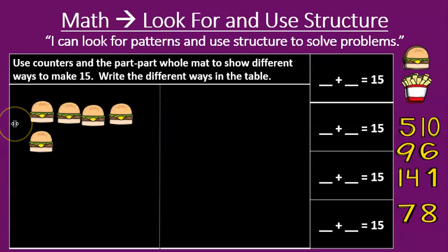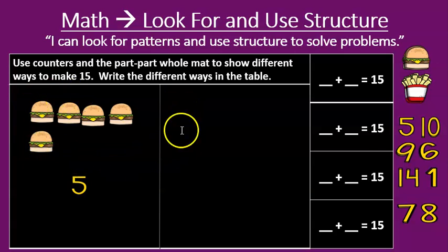Now, let's count how many hamburgers I put on this side. Let's count. 1, 2, 3, 4, 5. So boys and girls, I'm going to get 5, and I'm going to put 5 under here now because I know I have 5 hamburgers here, okay?